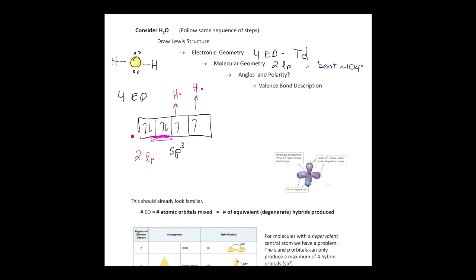So we see the two lone pairs that are on our Lewis structure, but we also see the two unpaired electrons we need to form covalent bonds with the hydrogens attached to water. And the great thing is that they're in the correct orientation to be consistent with valence bond theory. So the electrons on oxygen involved in this bonding are sp3 hybridized.